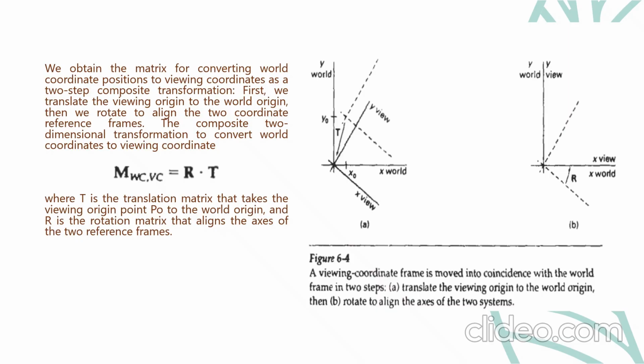So by multiplying these matrices, we obtain one transformation matrix that converts every point from the world coordinate into the viewing coordinate system.